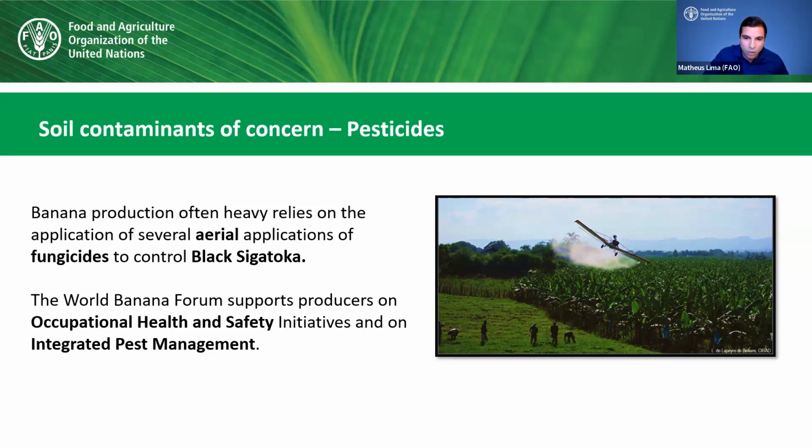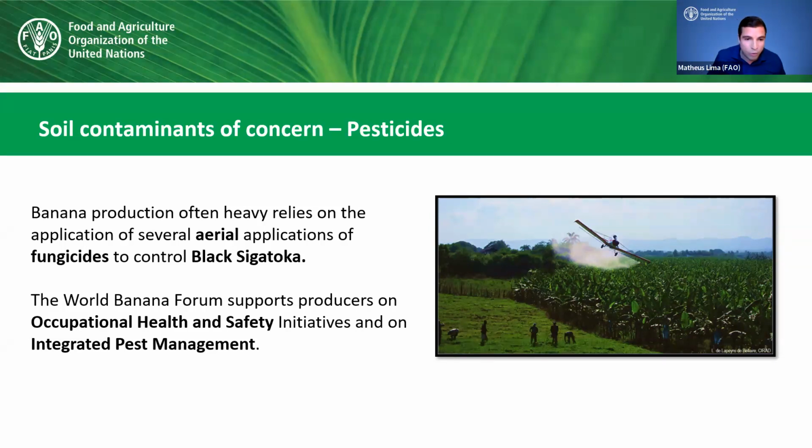Because of black sigatoka, many banana producing farms have aerial spraying. And as you know, aerial spraying has a huge risk of drift. These pesticides end up in water bodies and in fields, in the soil, and also in people. We can see in this image that the people are working very close to this aerial application.